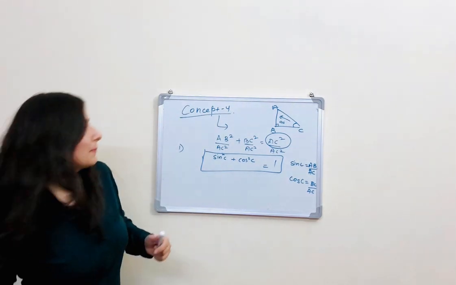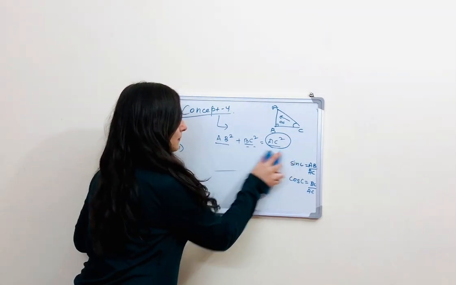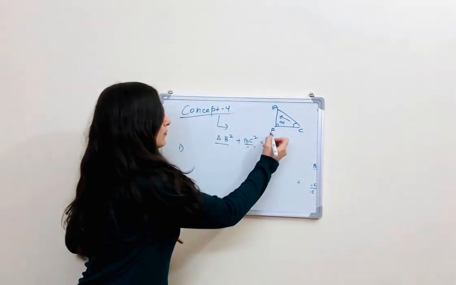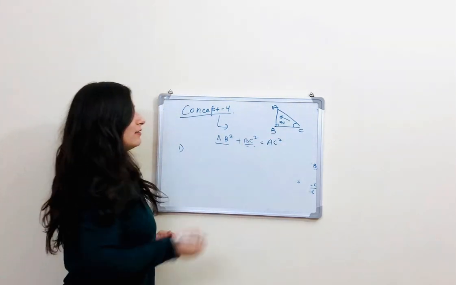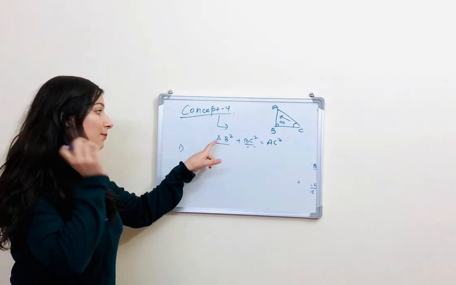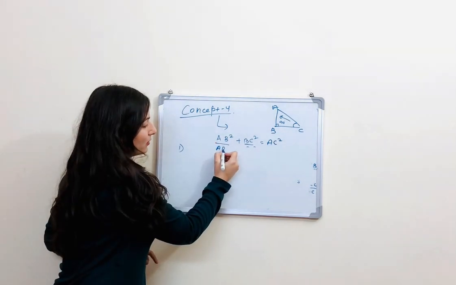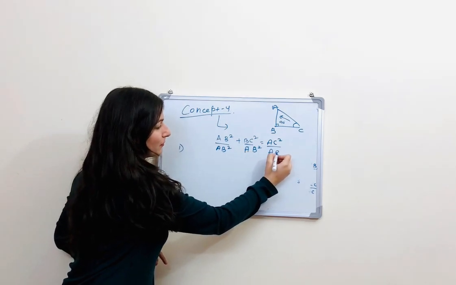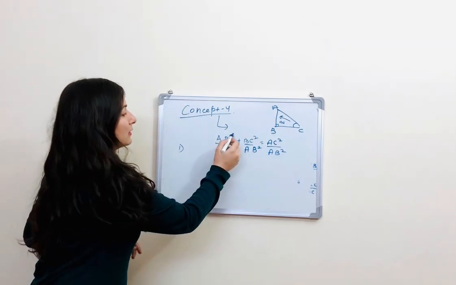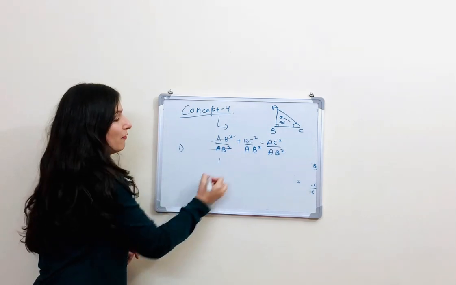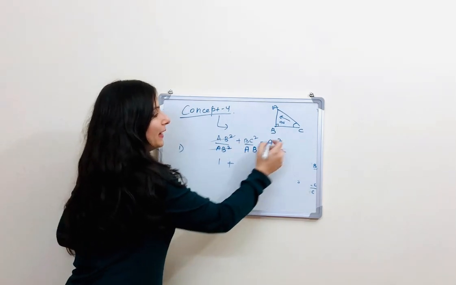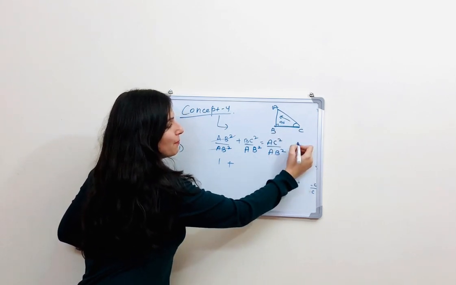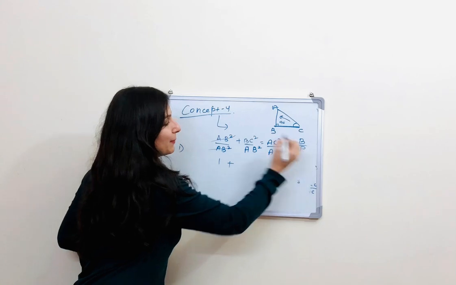Similarly, if I divide everything by AB square, this is same, it will become 1 plus BC upon AB. So according to C, BC is base and AB is perpendicular.